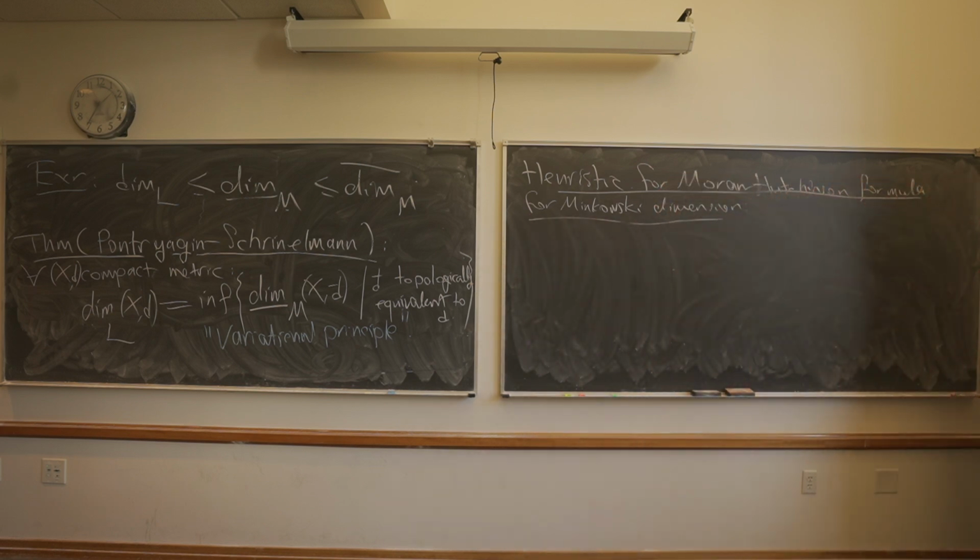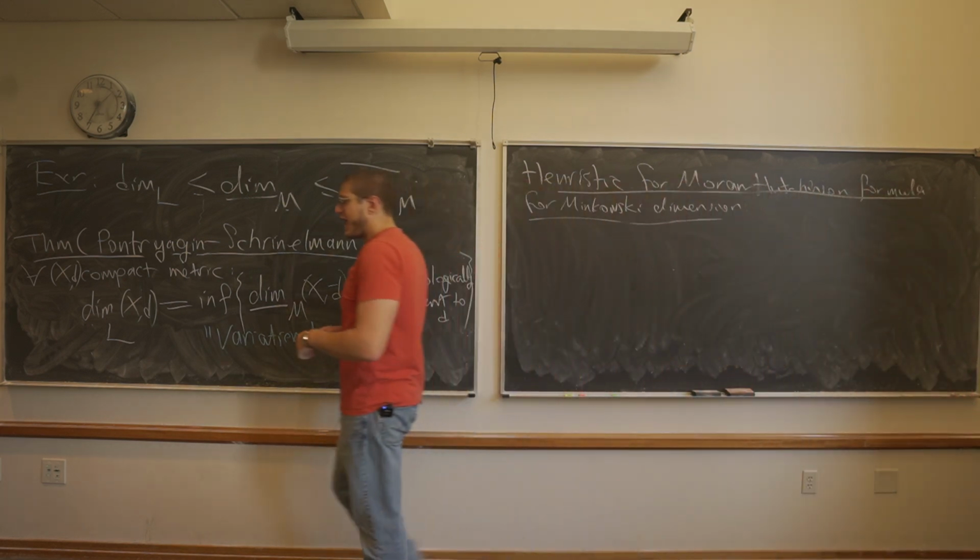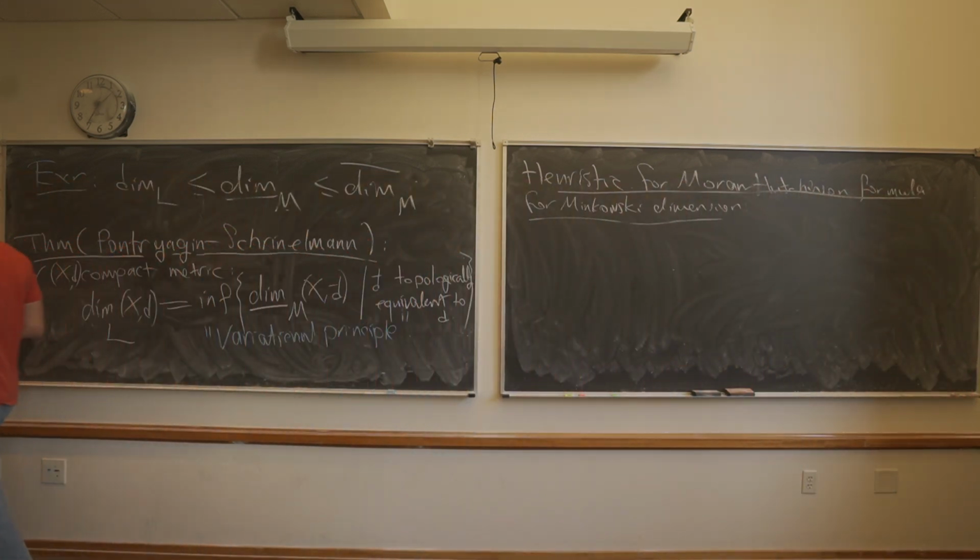Recall the following. The Moran-Hutchinson formula basically says the following. If you have a nice B-IFS, its upper similarity dimension is the same as any other dimension, pretty much.